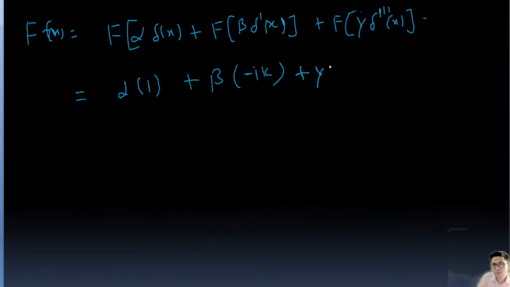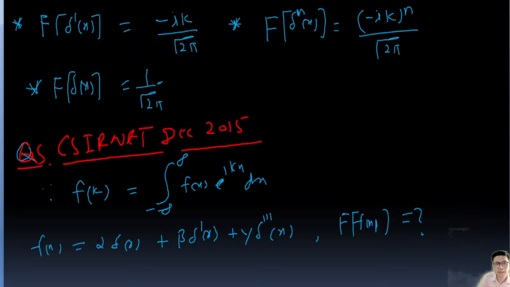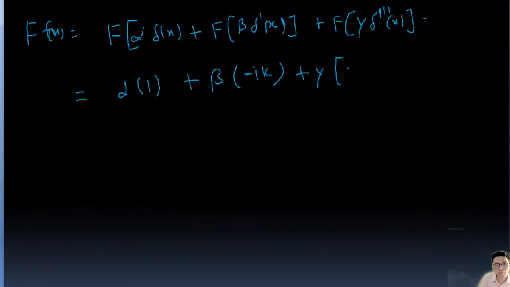Plus the Fourier transform of delta triple dash x, which is going to be, so guys, just del double dash x is given. So del double dash x is going to be minus iota k whole square, right? So solve it.